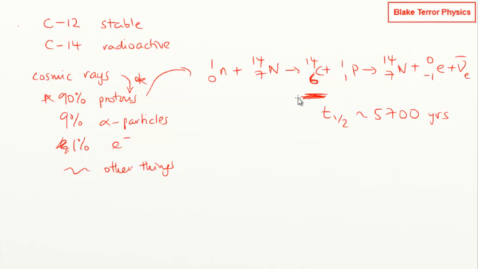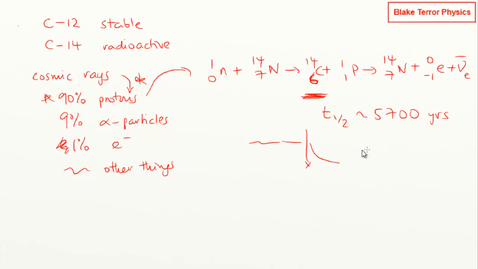While things are alive, they continue to absorb carbon. They're still living, they're still growing new material, so the amount of carbon-14 is going to stay relatively constant. As soon as they die, the thing stops living, and this carbon-14 is going to start to decay in the usual radioactive way.